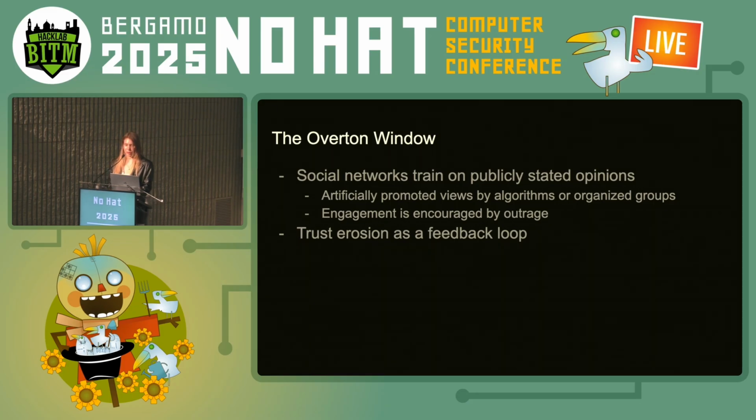Information is spread on social networks and is being used to train on public opinions. When bad actors intentionally flood these spaces with misinformation, conspiracy theories, or divisive content, they're essentially poisoning the information environment.